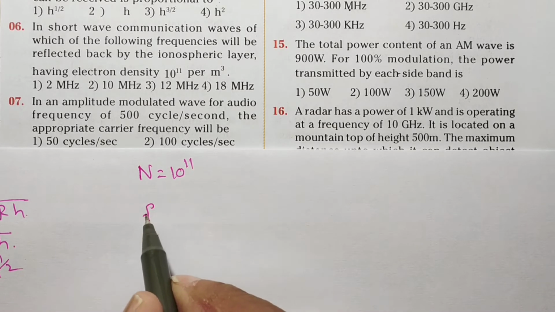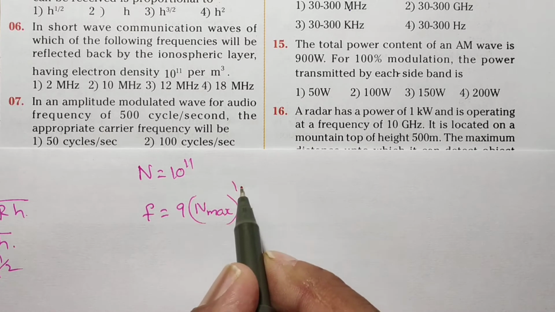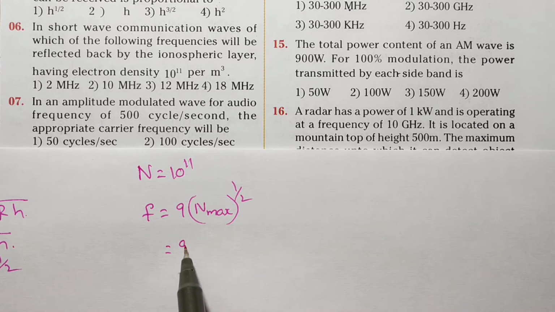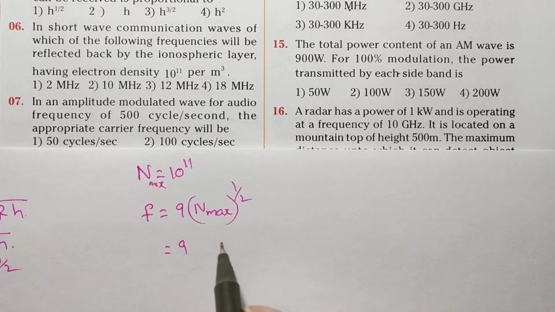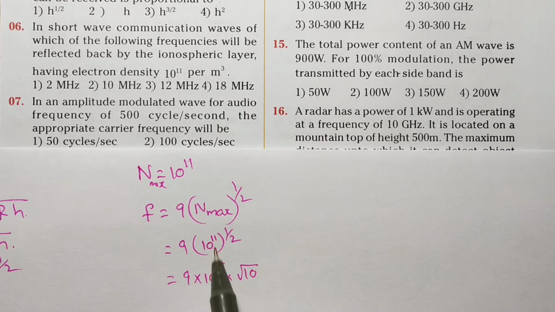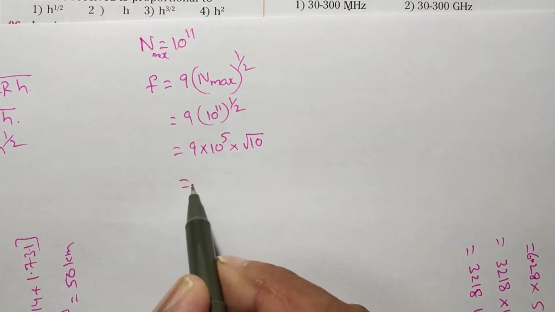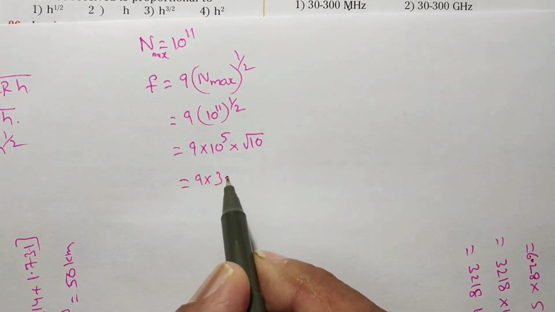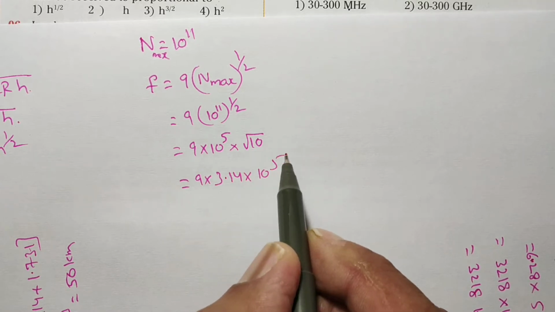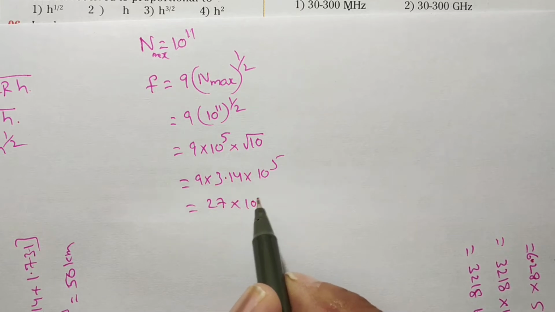We know that frequency f is equal to 9 into n maximum whole power 1 by 2. That means 9 into n maximum, which they have given as 10 to the power of 11, whole power 1 by 2. That means 9 into 10 to the power of 5 into root 10. 9 into root 10 means 9 into 3.14, 9 3s are 27, around 27 into 10 to the power of 5.